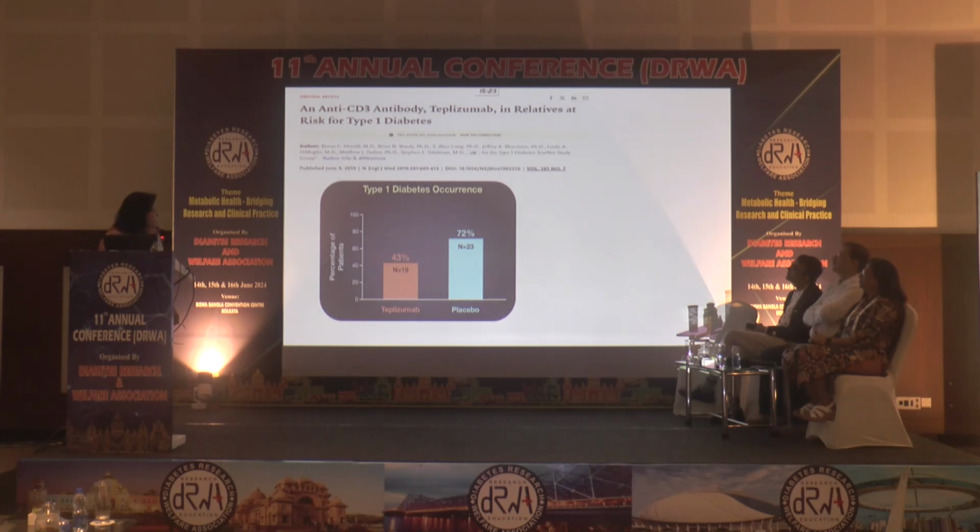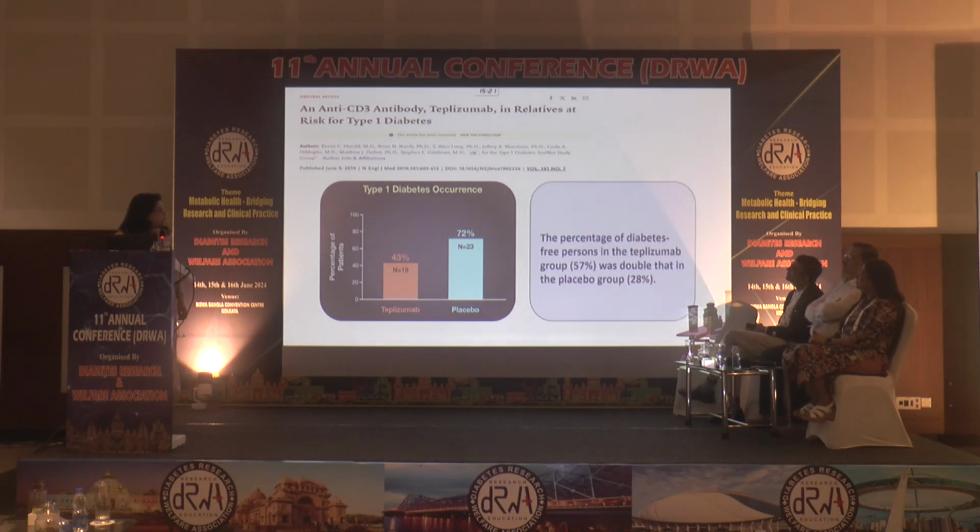This is what I'm going to talk about today in the first part of my presentation: we've been talking about monoclonal antibodies, and there is now a drug which can prevent stage 2 from becoming stage 3. So why so much hue and cry?